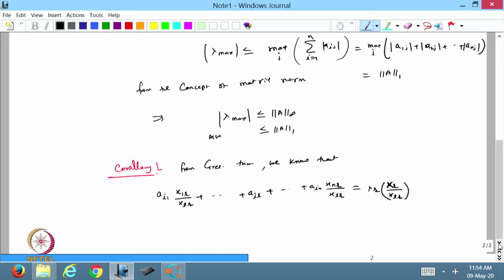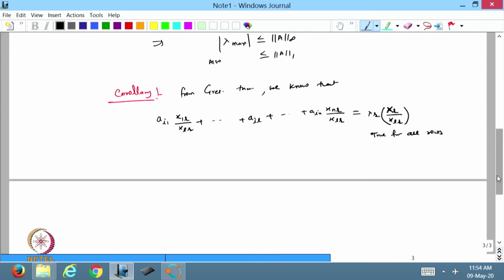From the previous lecture we have seen that we can write this one as here. Now, in this case, this is true for all rows. Now, from here what do we do?